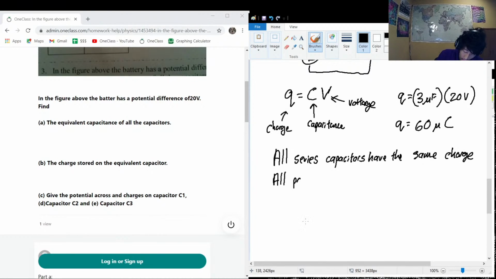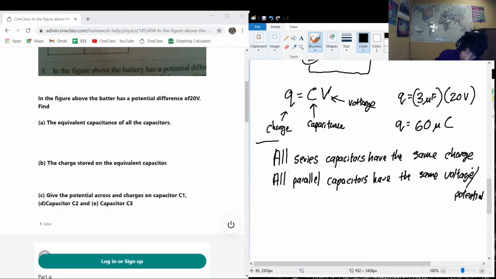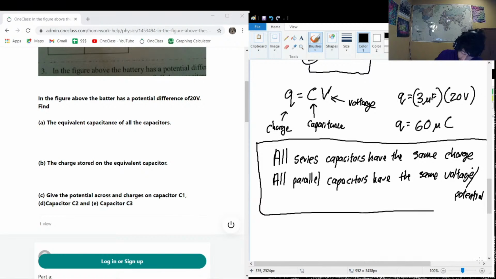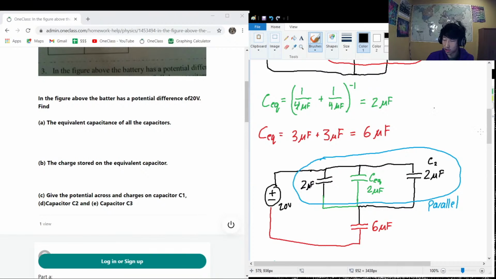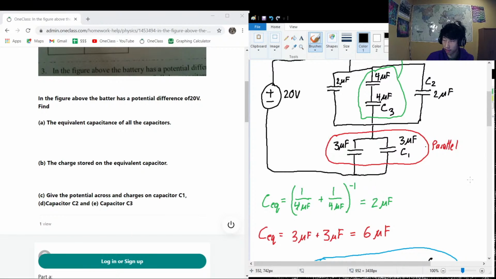All parallel capacitors have the same voltage or potential, the same thing said in different ways. These are the golden rules that we want to follow as we proceed. All series have the same charge, all parallel have the same voltage. Going backwards, knowing our charge and our original voltage, we can quite easily retrace our steps through all of our original circuits and find our way to victory.